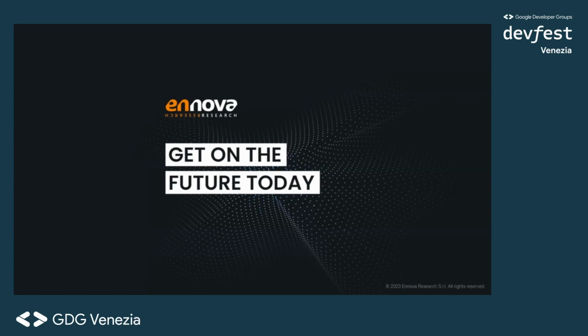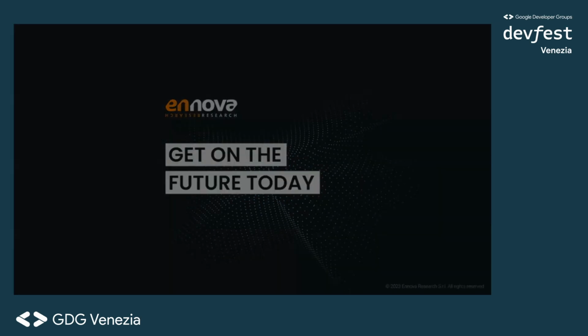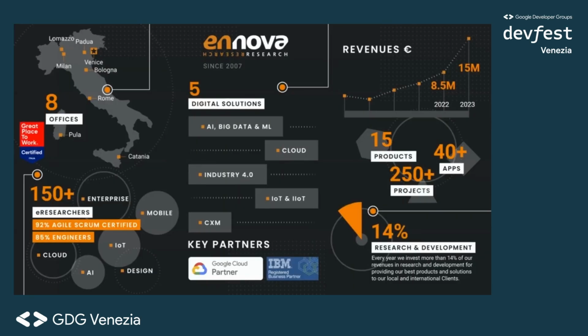Before starting, just a couple of things about the company, because we work there, so I think it's nice to share about it with you. We are a company with 8 locations throughout Italy, and about 150 researchers work here.